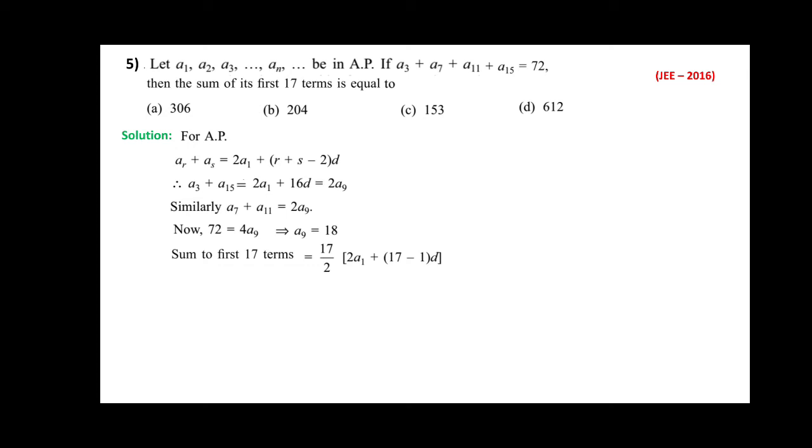By cancelling 2 and 2, it becomes 17 into the bracket of A1 plus 8D. Therefore, it becomes 17 into A9 only. Already we have the value of A9, that is 18. Therefore, the product 17 into 18 will be equal to 306. Therefore, the right option is A, that is 306.